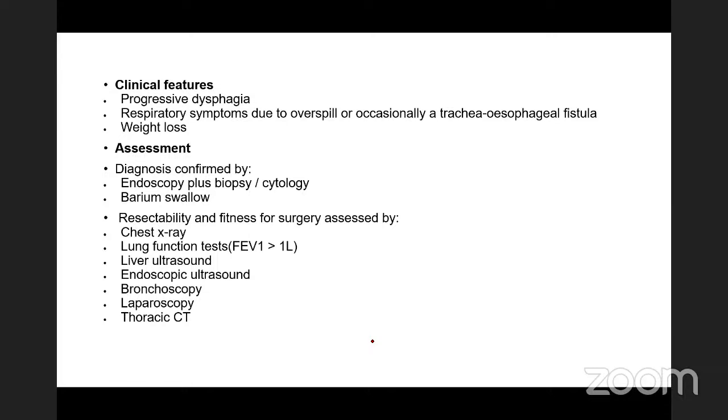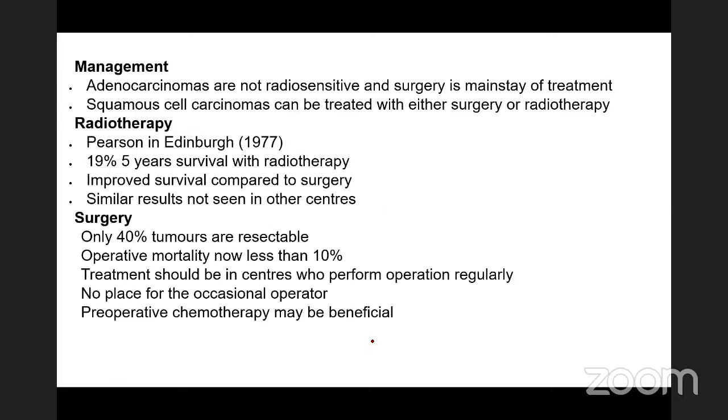You do a barium swallow, if endoscopy is not readily available, which will show the filling defect we described. Then you want to check for resectability and fitness for surgery. You do chest X-ray, lung function test, and all other relevant investigations.